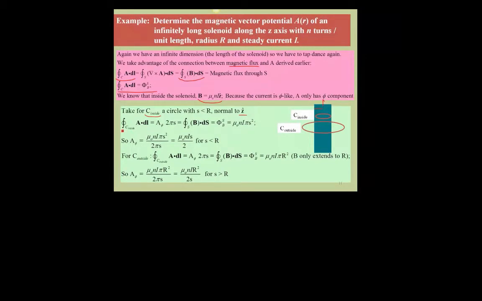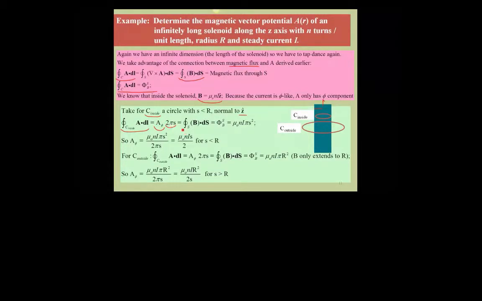We go back to our integral of A dot dl around C, and now we're inside. That's equal to A phi times 2 pi s. The reason is because A is in the direction of the current, it's parallel to dl, and so we can bring it outside and end up with the phi component of A times the circumference of the loop, which is 2 pi s.